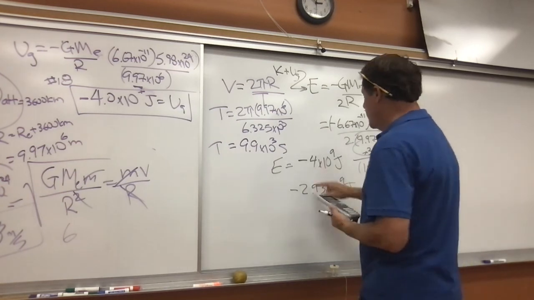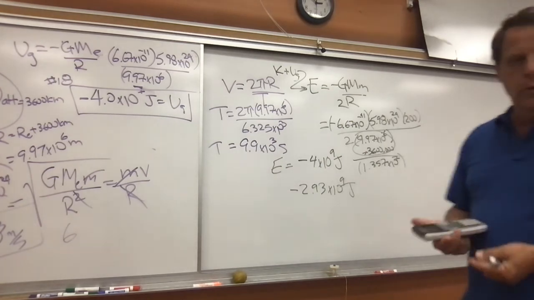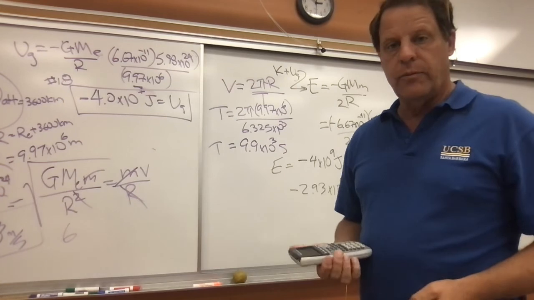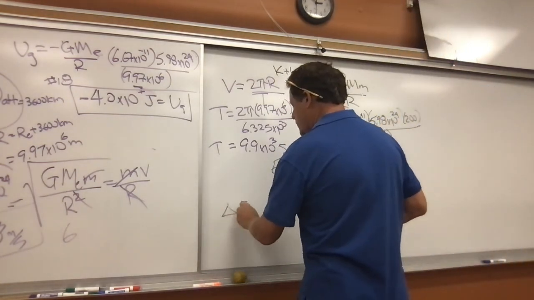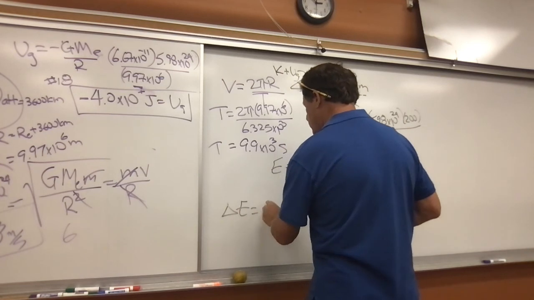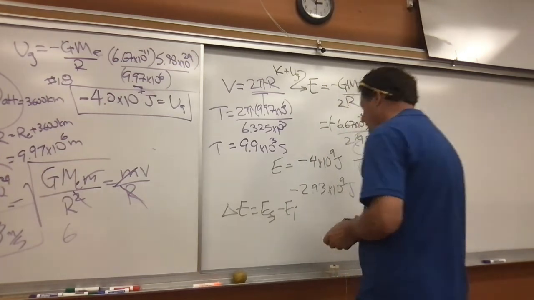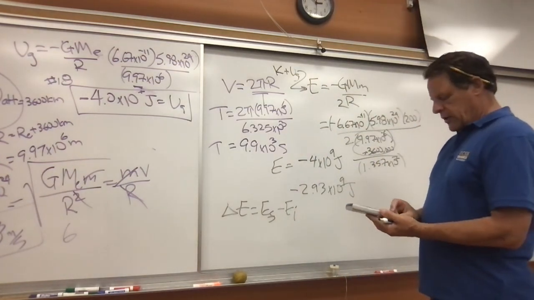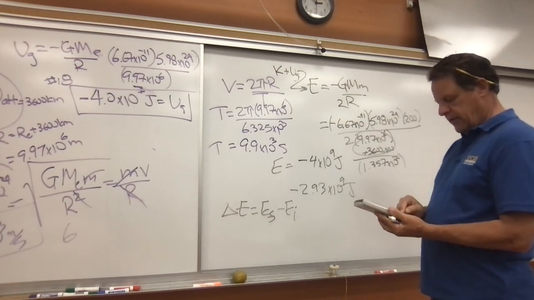Now notice that they are both negative. So when we want to calculate the minimum amount of energy to take it from one altitude to another, we're basically talking about the change in energy, which is energy final minus energy initial. So our final is 2.93 times 10 to the 9th, but that's negative.